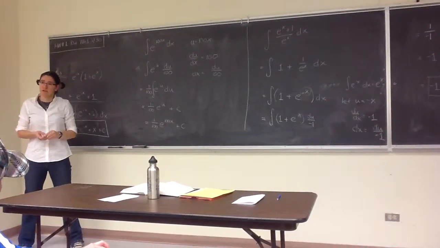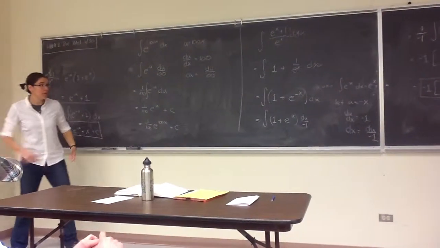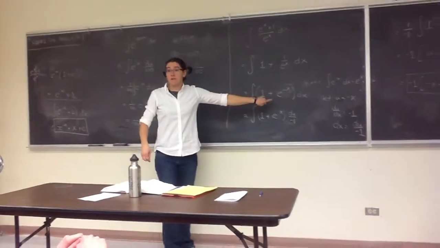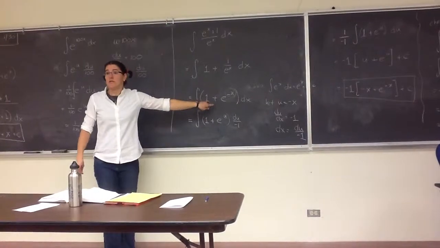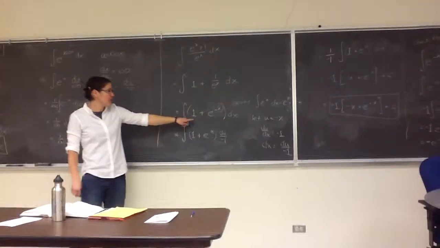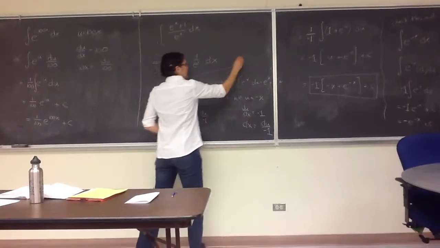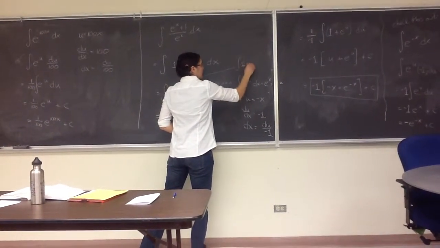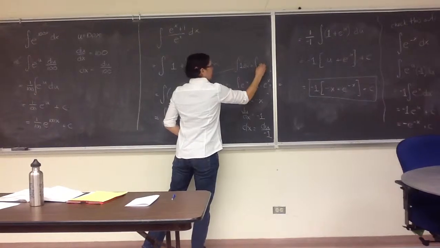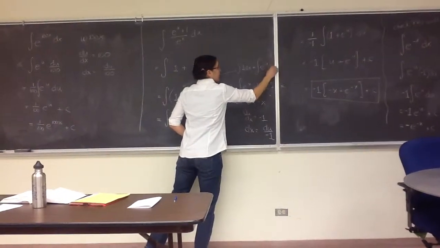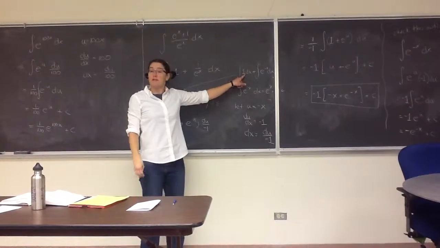Yes. I just thought it was easier, like from that step, to just separate the integrals. This one right here? Yeah, absolutely. So another option here is to say, okay, I can take this guy and write it as the integral of 1 dx plus the integral of e to the minus x dx. The first antiderivative is easy.